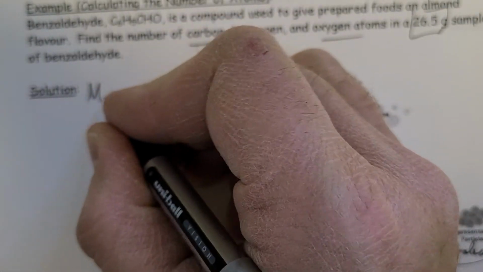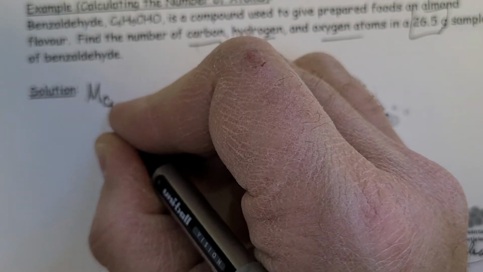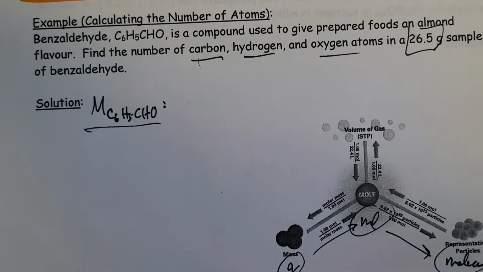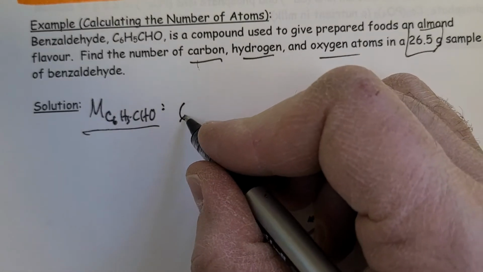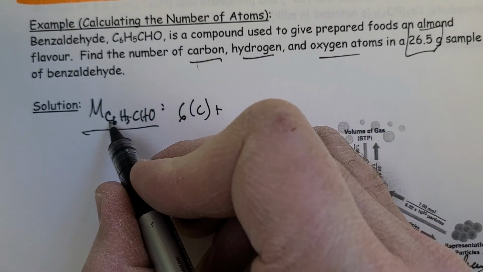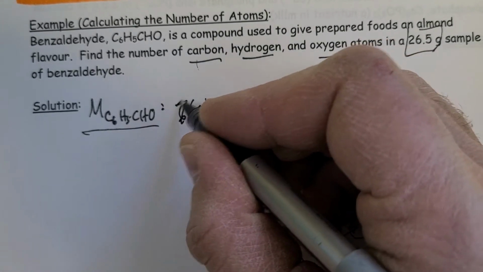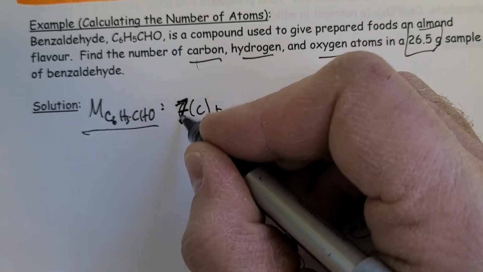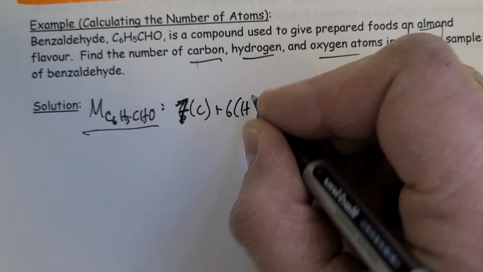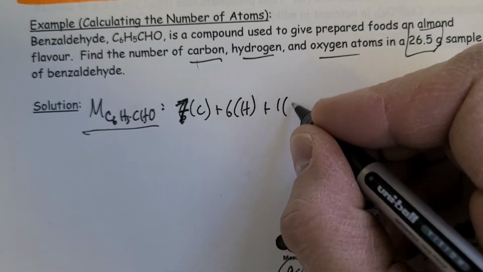Regardless, we're going to have to figure out the molar mass of C6H5CHO. So we can see for 1 mole, we have 6 moles of carbon, plus 1, oh sorry, 7 moles of carbon. And then 5 plus 1 is 6 moles of hydrogen, and then 1 mole of oxygen.